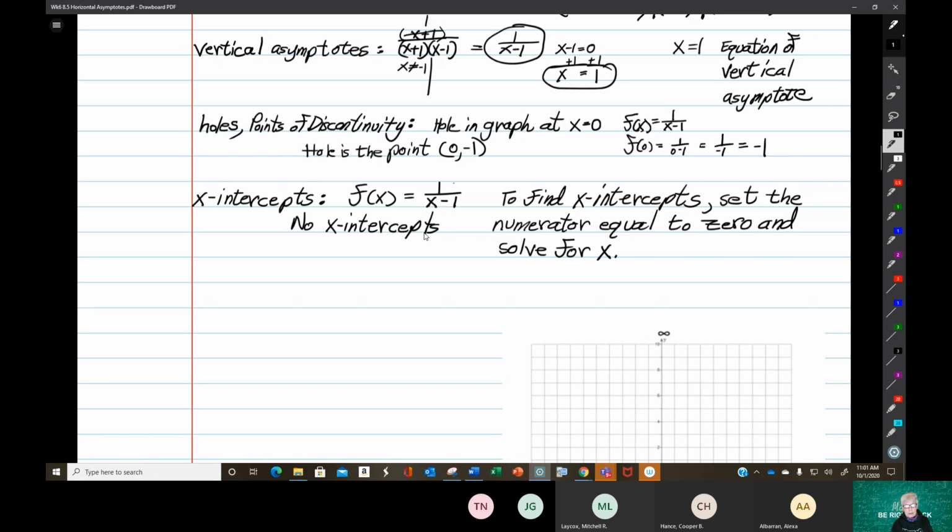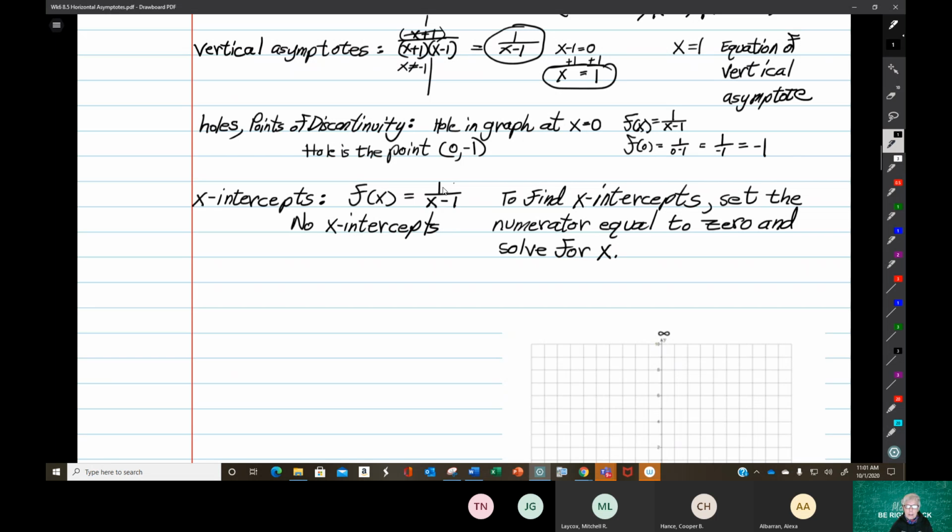It happens a lot. Whenever you have just a number on the top, you are not going to have any x-intercepts because there's no x.